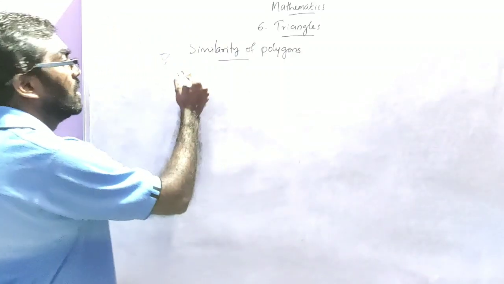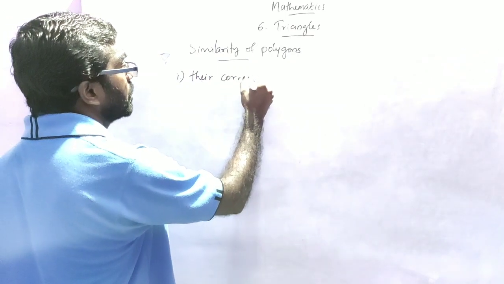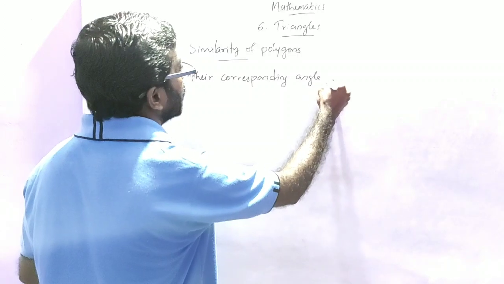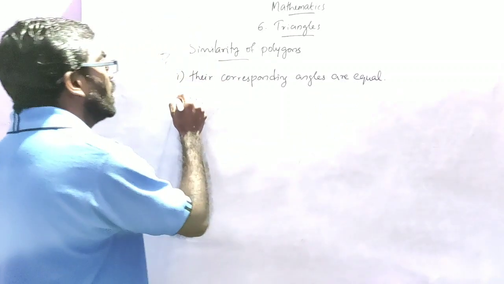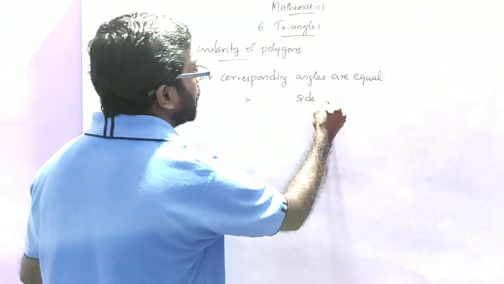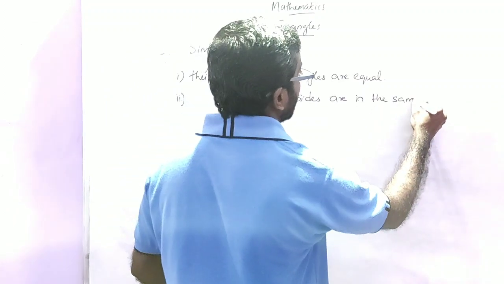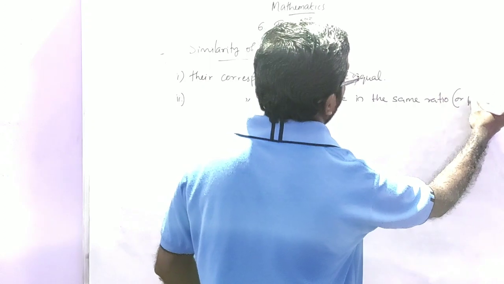First one is their corresponding angles are equal. And the second point is their corresponding sides are in the same ratio, or we can say in proportion.